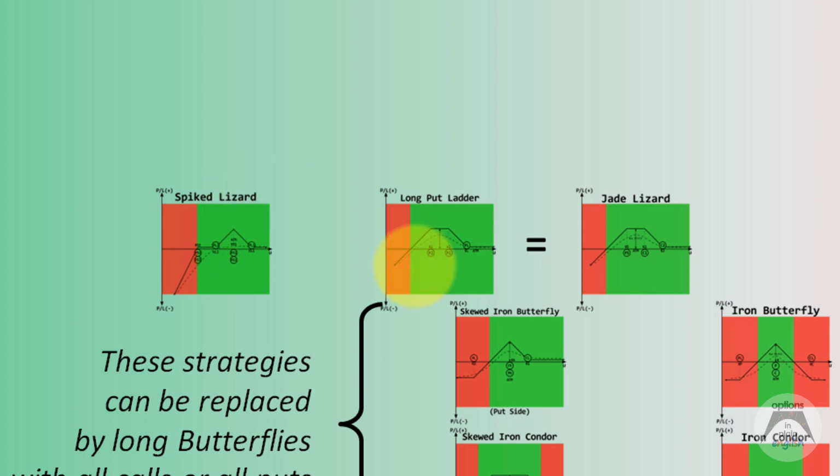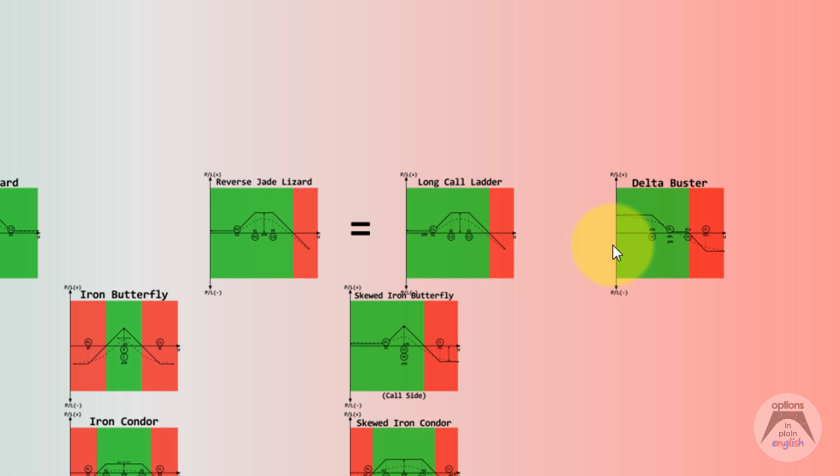Likewise, on the bearish side, and of course these are bullish strategies, you can look at the green color, they profit when the price goes higher. On the bearish side, we would have a reverse Jade Lizard, which is the opposite of a Jade Lizard. In this case, you would have a short call and then a short put spread, and all the credits added up are higher than the width of the put spread.